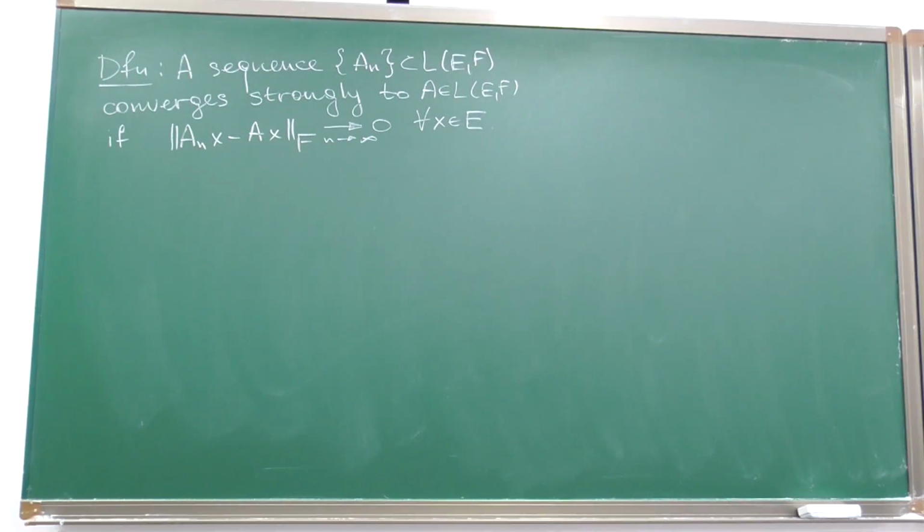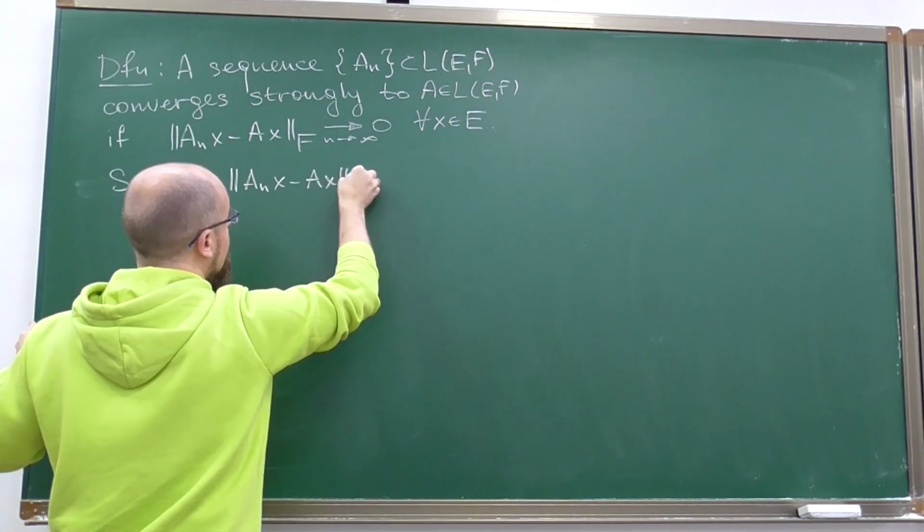Although this convergence is called strong, it's not stronger than the uniform. It is in fact stronger than the weak convergence, which we will consider a little bit further in this course.